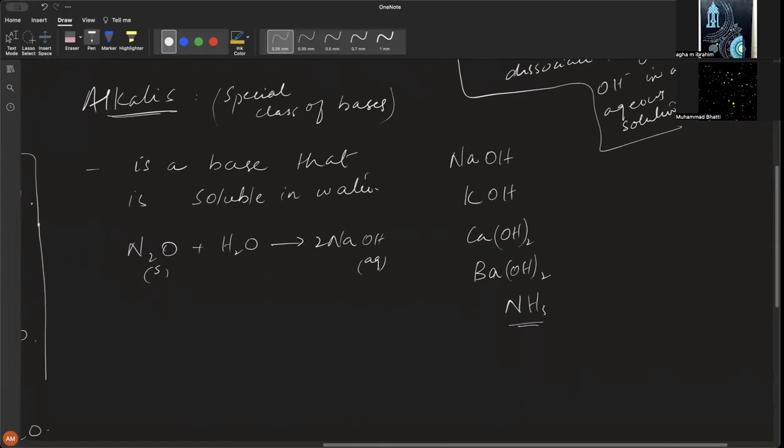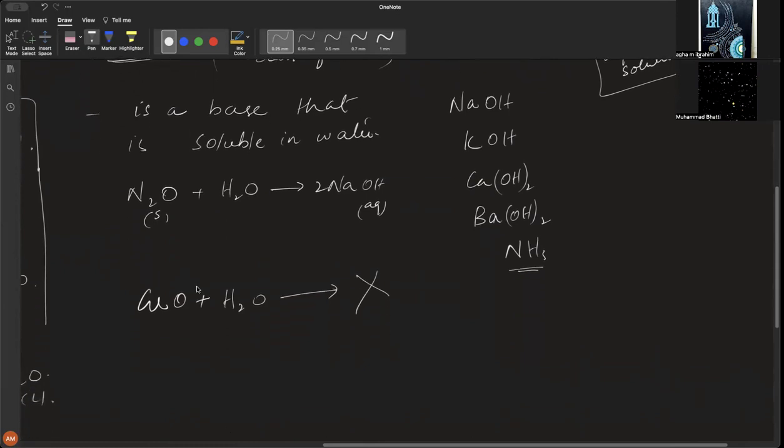On the other hand, if you look at copper oxide, we do not find any reaction with water. It does not react with water. This means that copper oxide is a base and not an alkali, right?